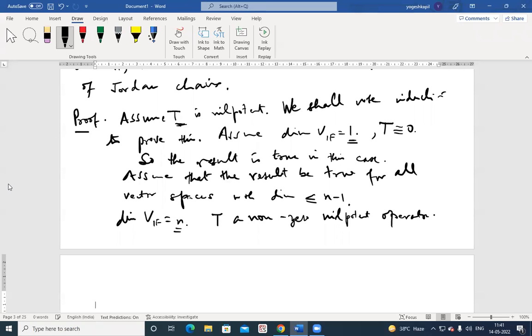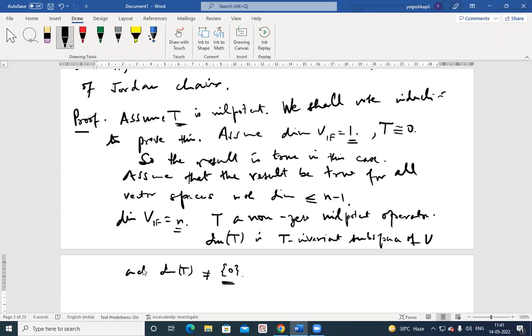Okay, then we can talk of a range of T, or say image of T. Let me just write here, image of T. This is a T invariant subspace of V, and image of T is not identically 0.